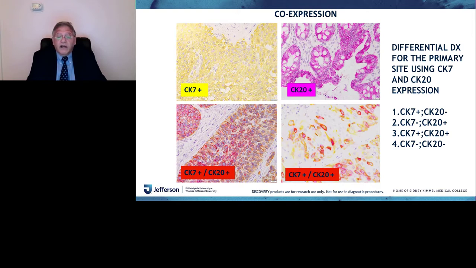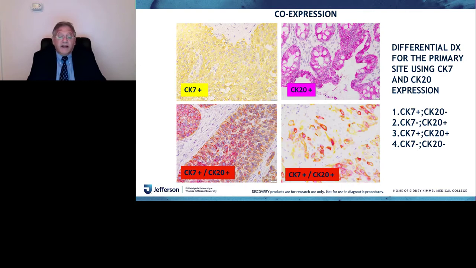Now, why is this useful? For example, some tumors that are CK7 positive, CK20 negative: lung, for example, breast, upper GI. Tumors that are CK7 negative, CK20 positive: lower GI. Tumors that are 7 positive, 20 positive: urothelial carcinoma, for example, or upper GI stomach can be positive.